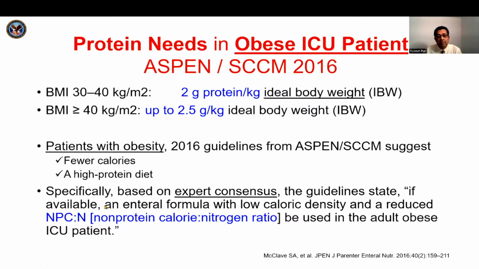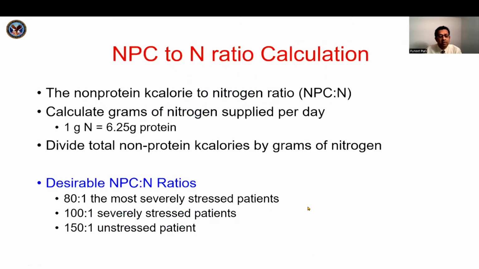And they state that, if available, an enteral formula with low caloric density and a reduced non-protein calorie to nitrogen ratio be used in adult obese ICU patients. So that brings us to the next point: how do we evaluate the non-protein calorie to nitrogen ratio in day-to-day practice?